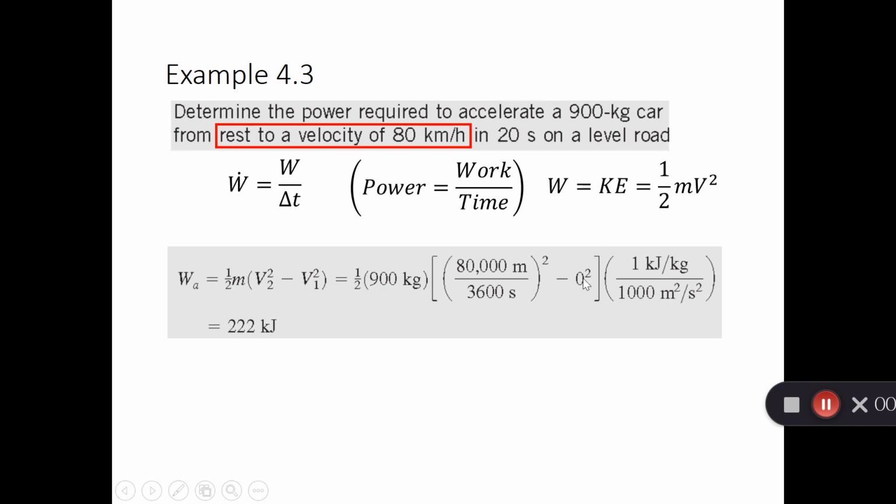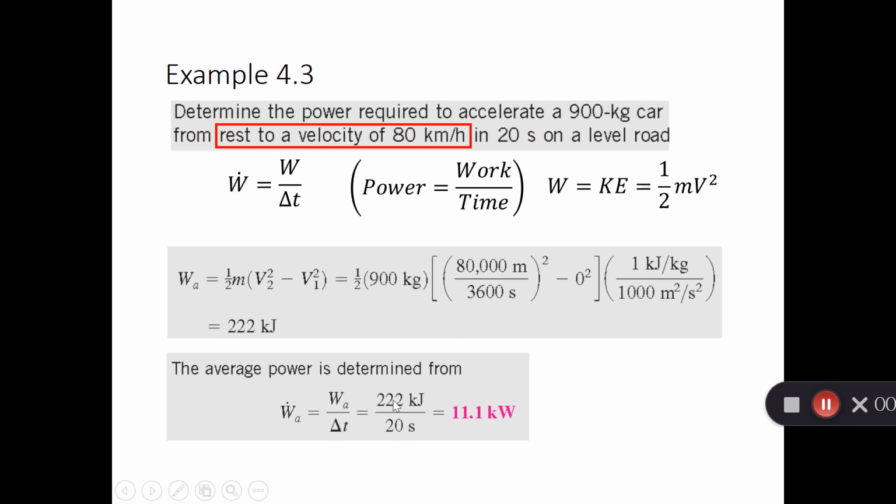Because the whole equation here, half mv squared, if you use the standard units, the answer will be in joules. I've said this before. So to get it in kilojoules, which is what we like to use, we divide it by 1000. As simple as that. So this is the work. So the power is then work divided by time. Simply substitute the values. You get this answer.